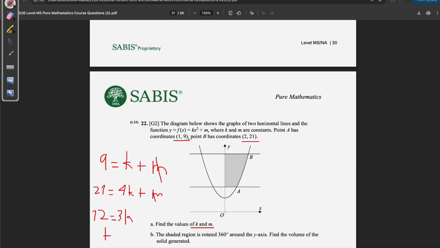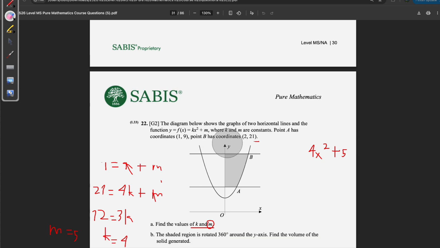So k is equal to 4. Perfect, right? But they also want m, don't forget that. So what we're gonna do is substitute in one of these equations. So 9 is equal to 4 plus m, so m is equal to 5. So the equation is 4x squared plus 5. We're officially done with part A.